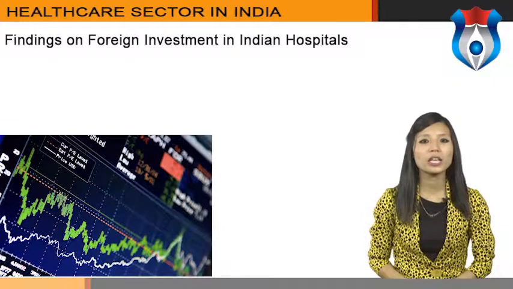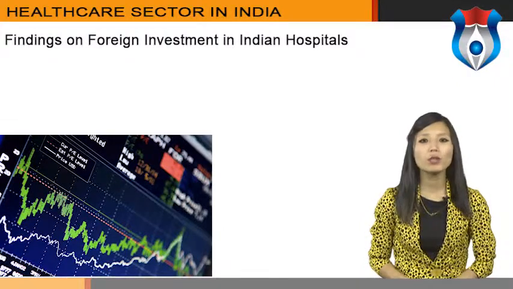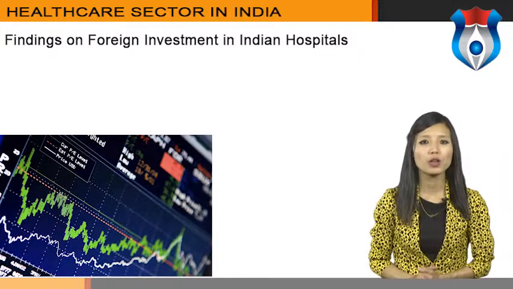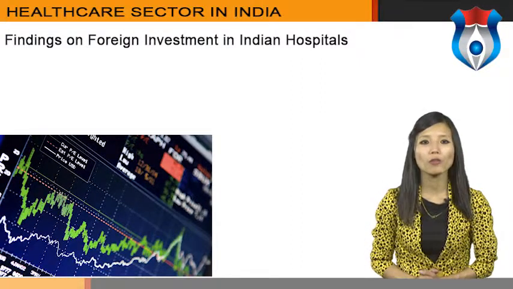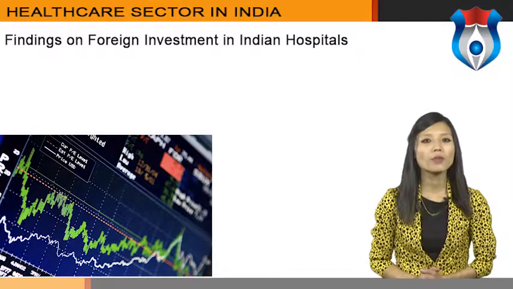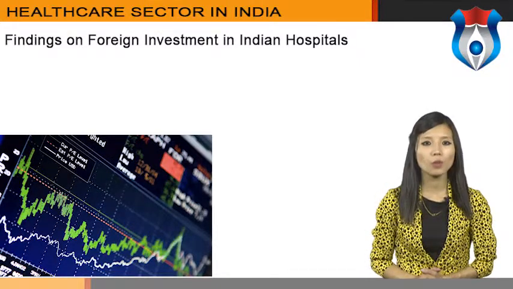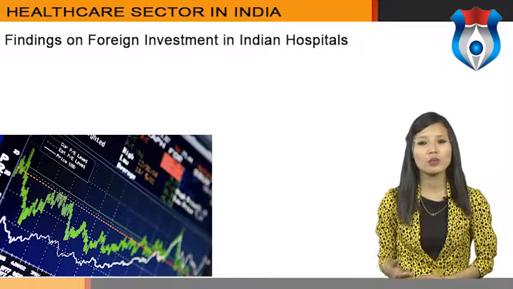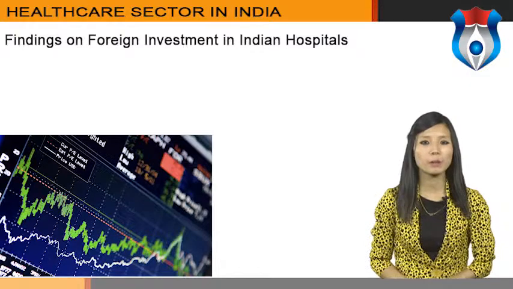FIIs and private equity funds can individually purchase up to 10% and collectively up to 24% of paid-up share capital of a company via open offers or private placement or through the stock exchange. Proprietary funds, foreign individuals, and foreign corporates can register as sub-accounts and invest via FII, subject to 10% and 5% limits.